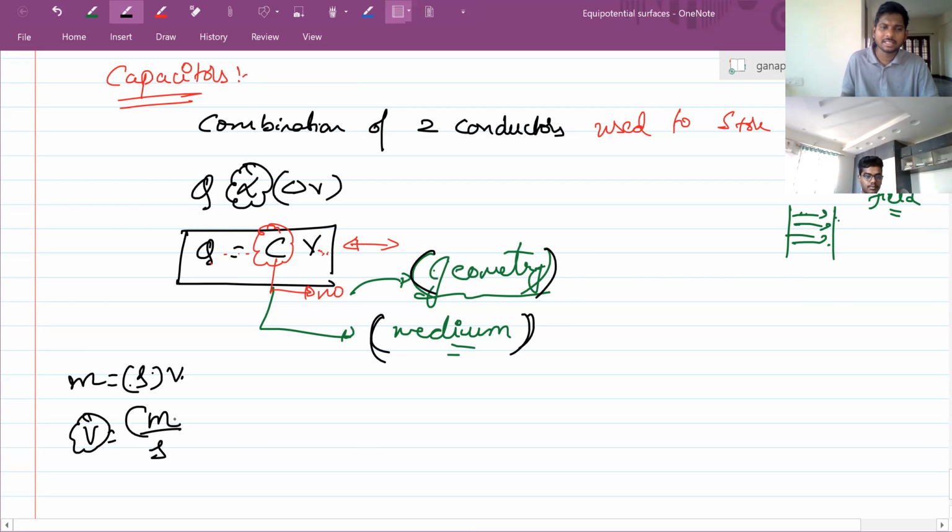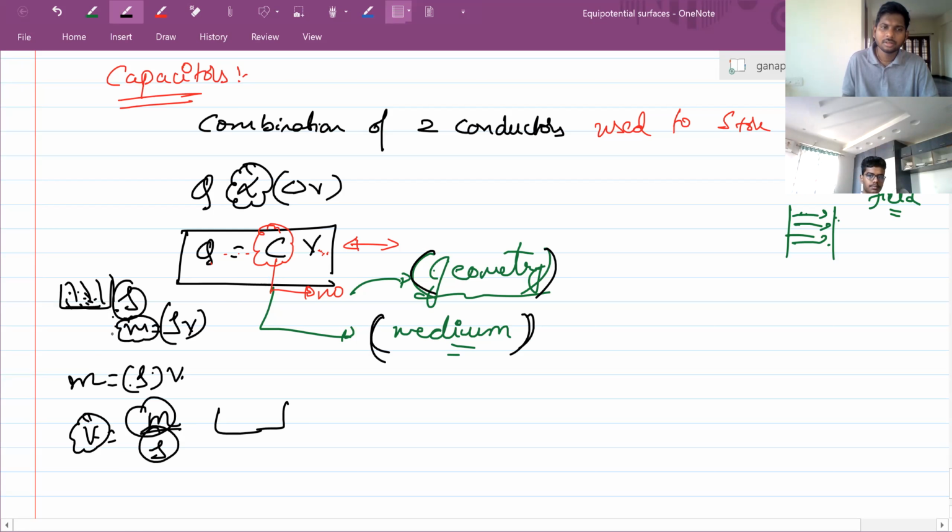Suppose a container is there, in that you kept a substance, then if you know the density, the mass of the substance is equal to density into volume. If you do, we'll get the mass of the substance, right?